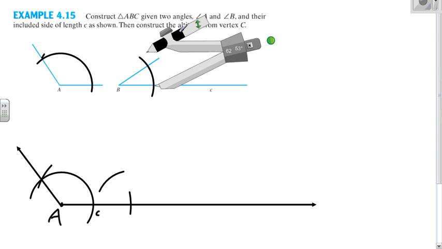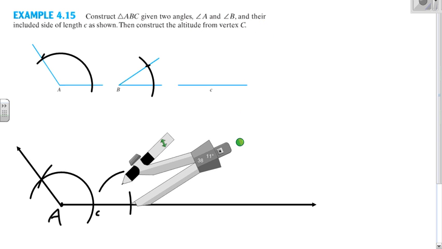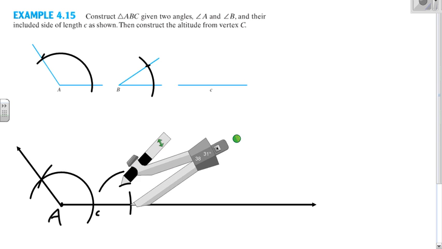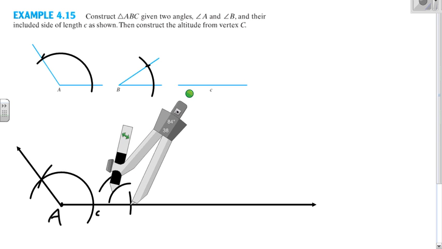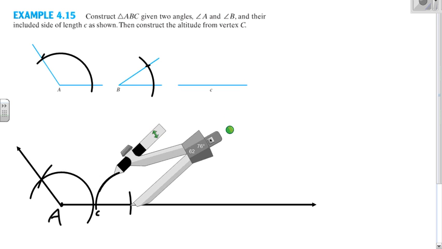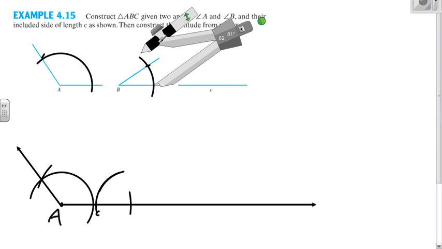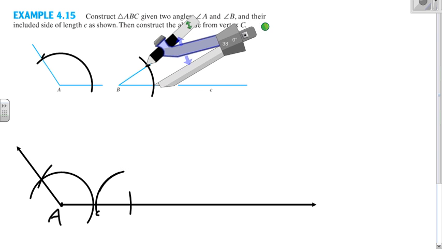Now we need to measure the actual spacing between the intersection of the arc and copy that down to our copy. I didn't make my original arc long enough, so let me adjust. Now I need to go back up and measure the spacing of the opening there.